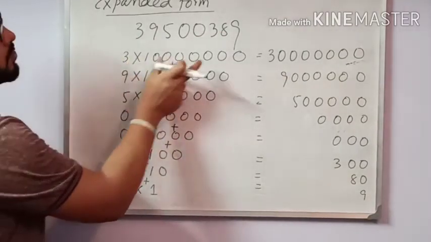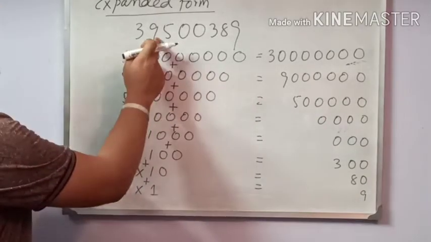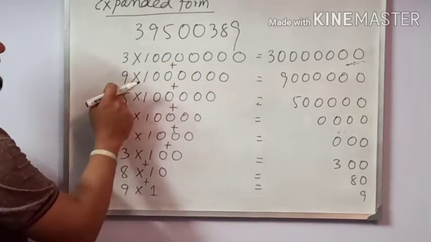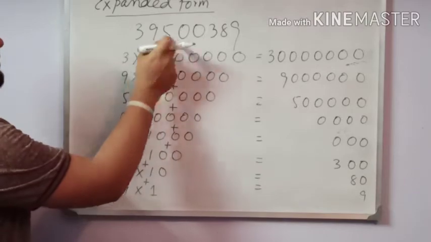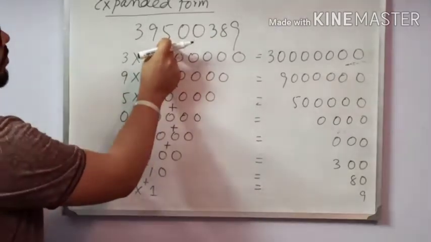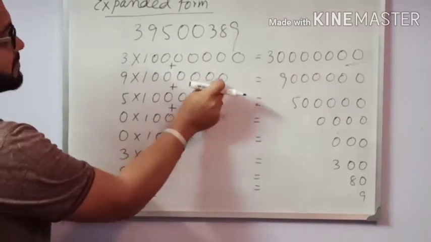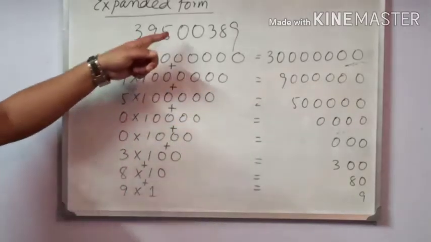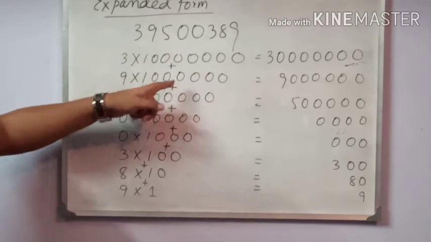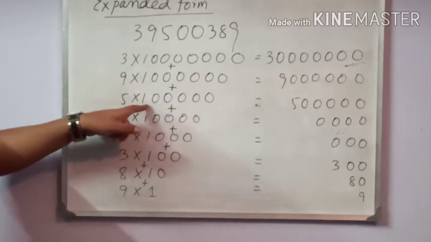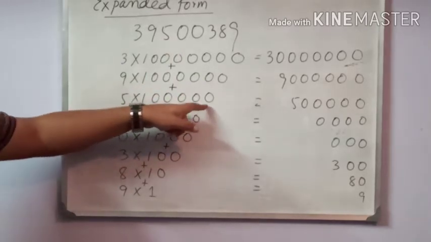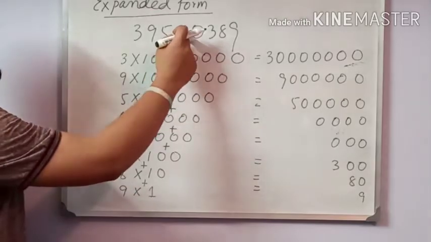So 3 into 1 with 7 zeros, plus 8 into, after 8 how many places are there? 1, 2, 3, 4, 5, 6. And in the same way 5 into 1 with 5 zeros, and there are 2 zeros.